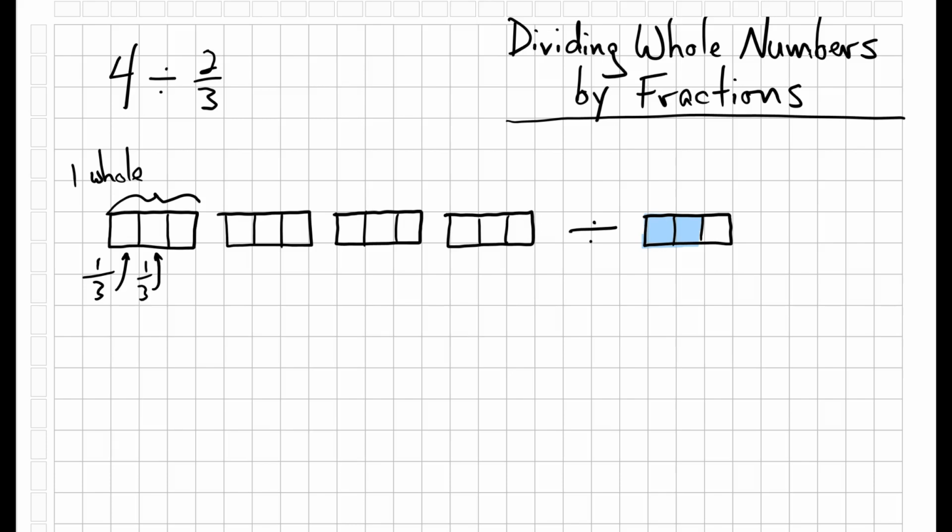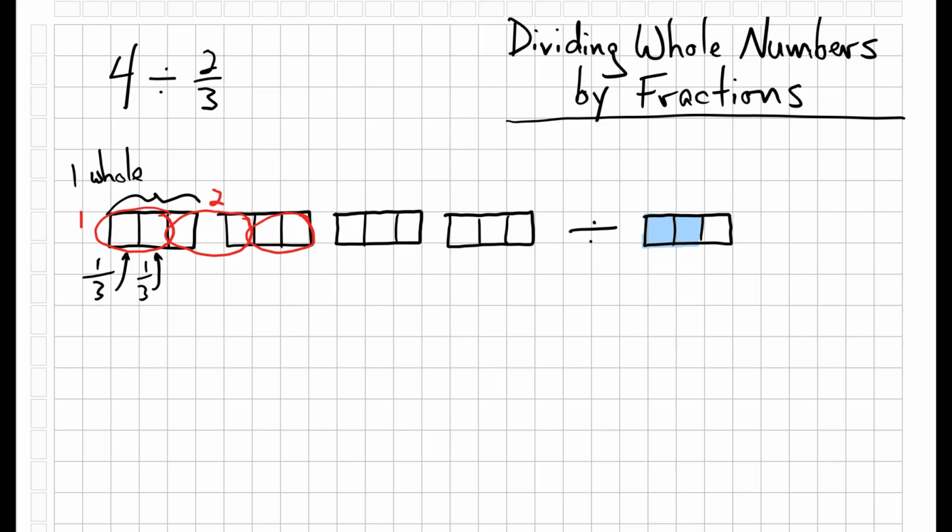And now if I want to do repeated subtraction for this division problem, then I'm just going to count how many times I have to subtract 2/3 from 4 before I get down to 0. So here's 2/3 right here. I can subtract that out. That's 1. Here's 2/3. Subtract that out, that's 2.